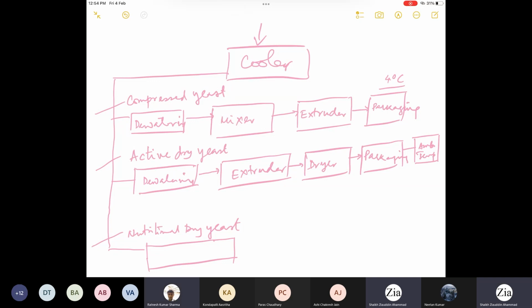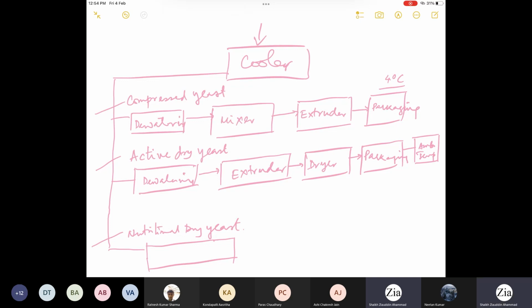Nutritional dry yeast has very minimal moisture content, because if you remember, in the last class we also mentioned yeast extract. Nutritional dry yeast is essentially used to produce yeast extract.